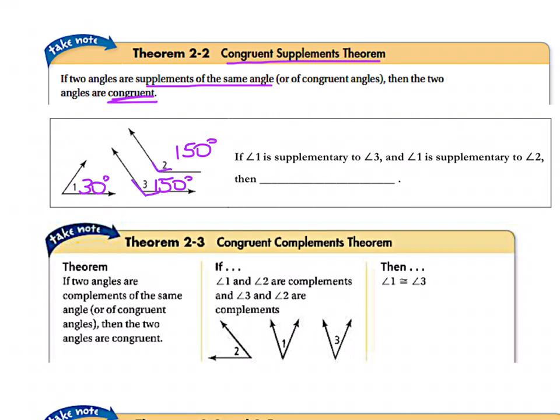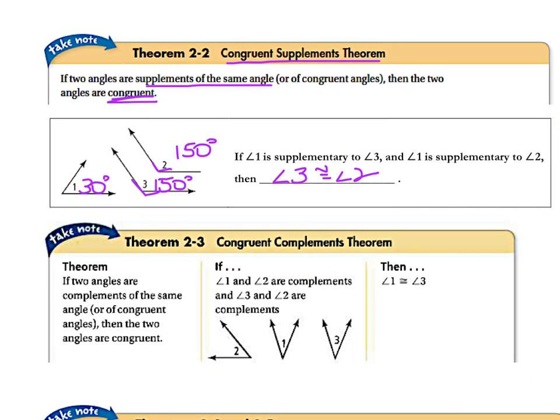So in if-then form it goes, if angle 1 is supplementary to angle 3, and angle 1 is supplementary to angle 2, then what's the conclusion? You're going to want to say that 1 supplementary to 3 and 1 supplementary to 2 would make 2 and 3 supplementary, because you're thinking transitive property. But it doesn't work like that. So the result is going to be that angle 3 is congruent to angle 2.